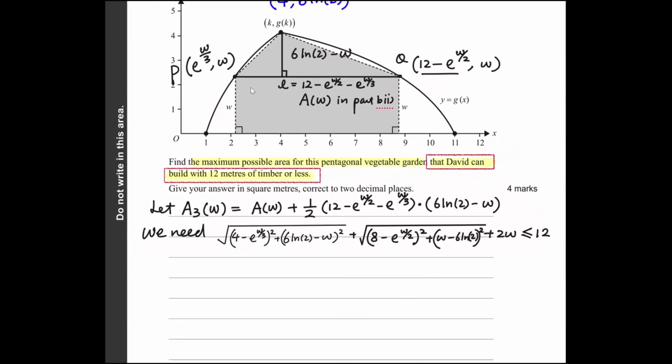And then once we get the W values, we can use F max. Let's have a look.